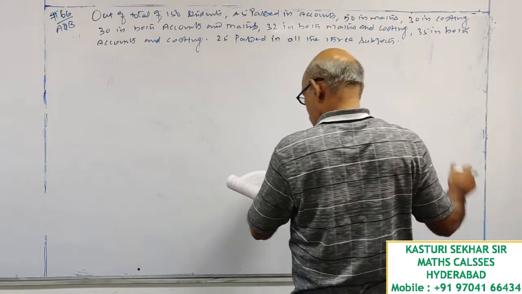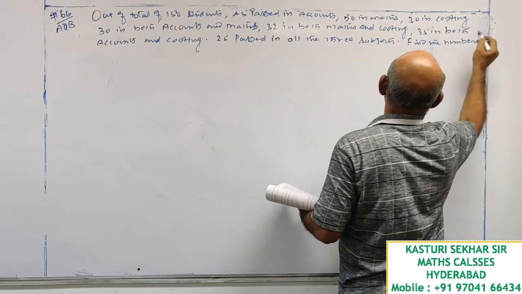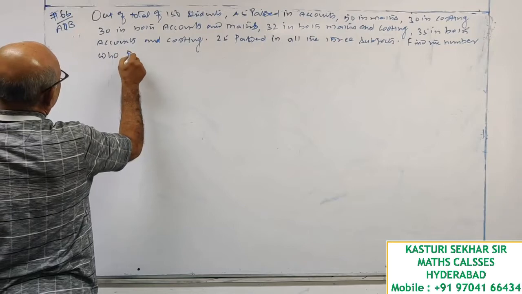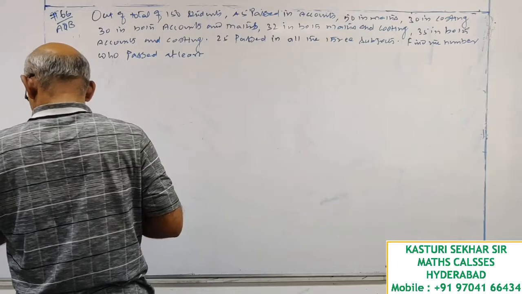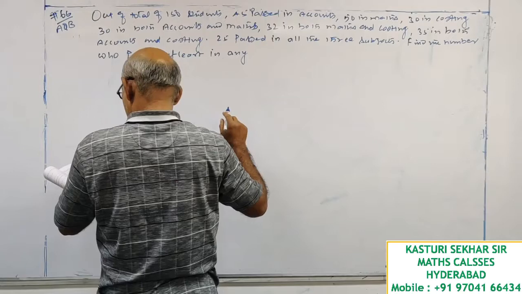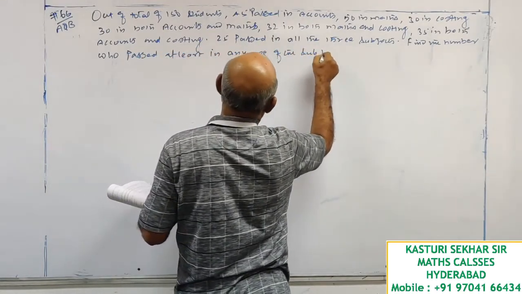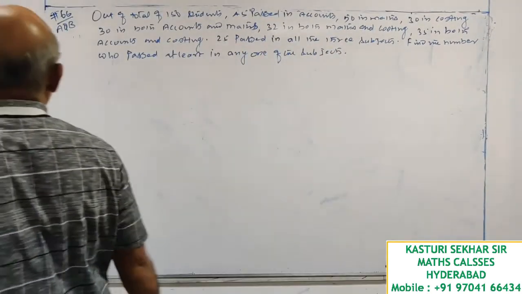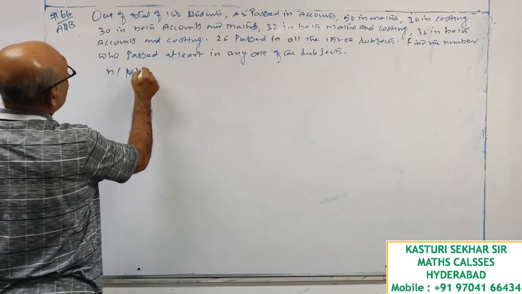Find the number who passed in at least one of the subjects. This is my question. How many students are there? The universal set has 150.